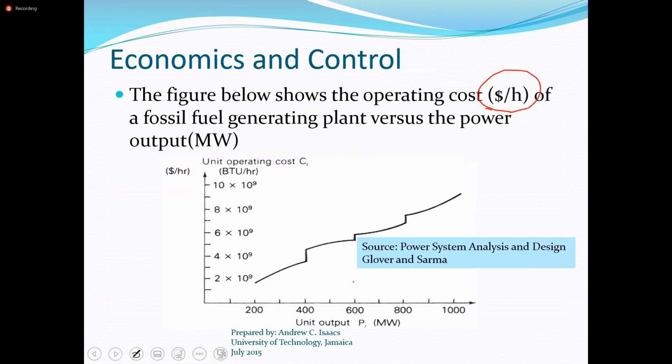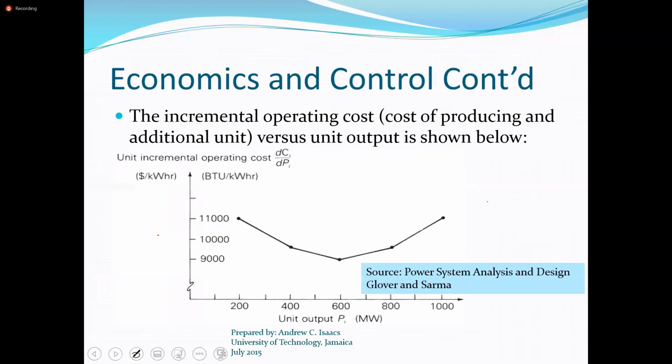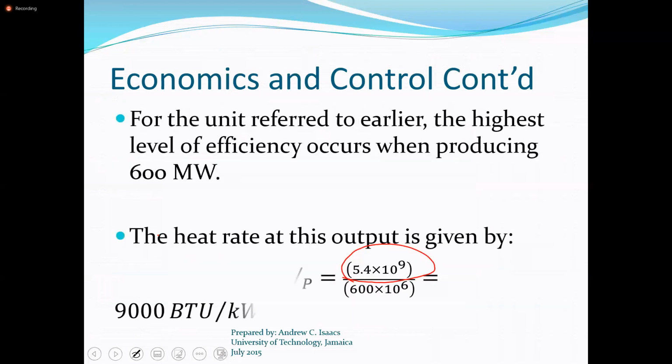That's what we're talking about. So at 600, we just know that, based on our estimates here, it is less than 6, but of course it's greater than 5. I am now telling you that it is 5.4 times 10 to the 9. All right? So the heat rate is 9,000 BTU per kilowatt hour.